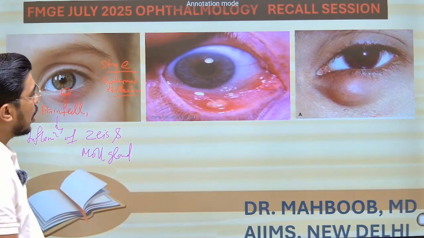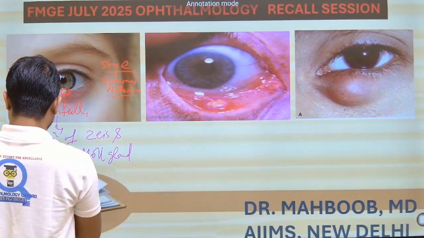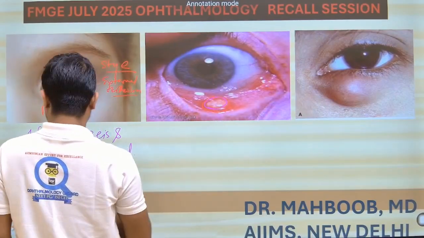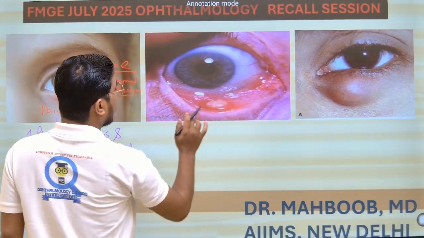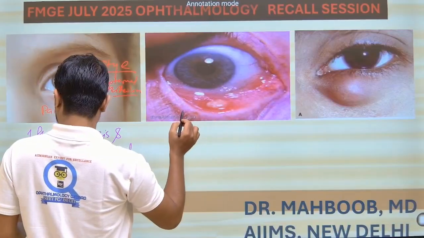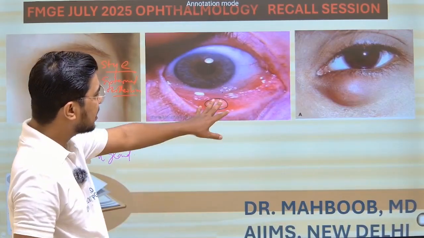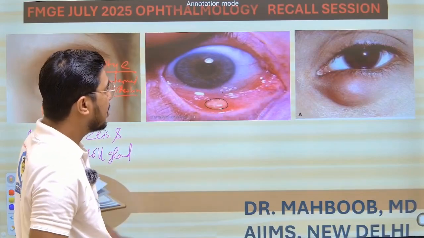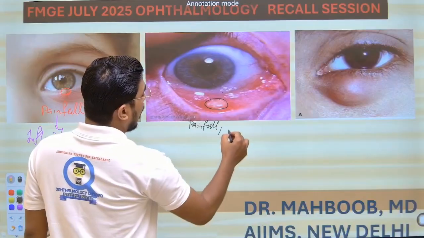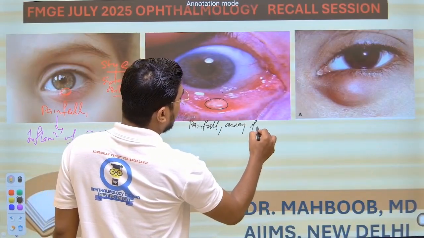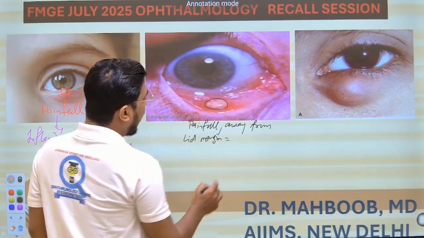Okay? Now look at this picture. Let me mark this lesion. This lesion is away from the lid margin and it is very reddish, which means inflammatory. So this will be painful, away from the lid margin and on the eyelid.